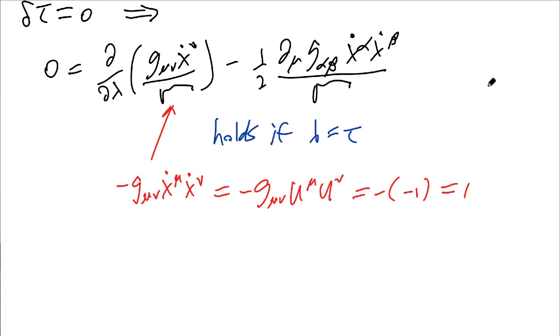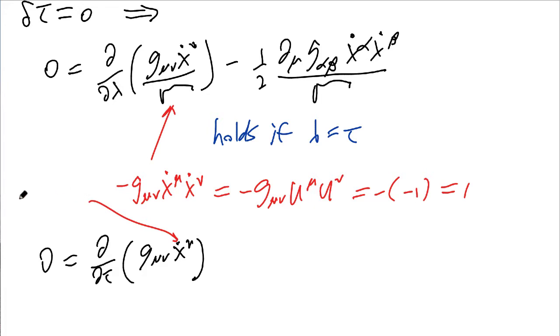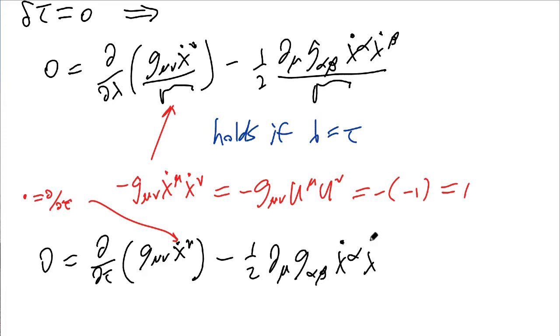So writing this equation in terms of proper time, we have partial with respect to tau of g mu nu x dot nu, and now let's be careful here, the dot now refers to d by d tau, not d by d lambda. Okay, and the remaining terms here are minus 1/2 partial mu g alpha beta x dot alpha x dot beta.